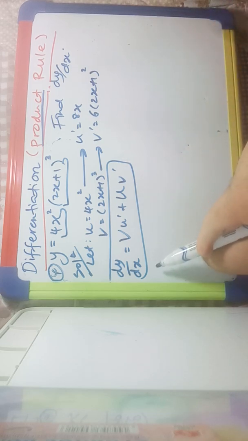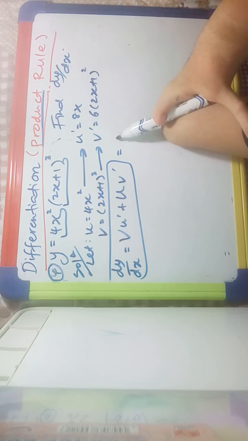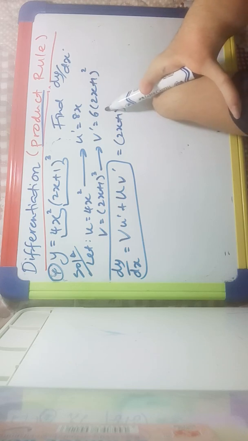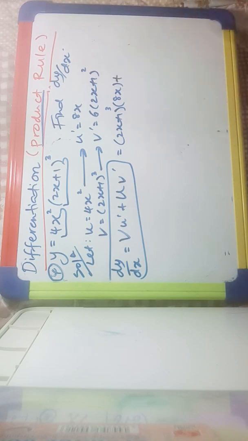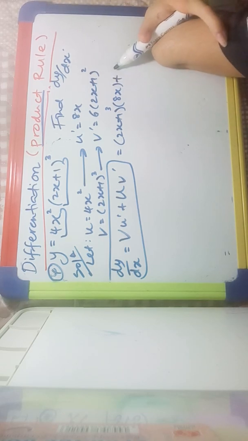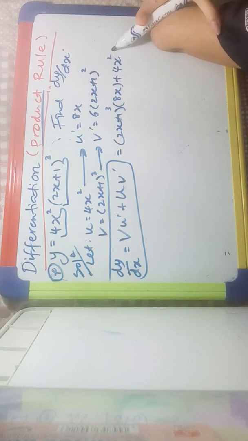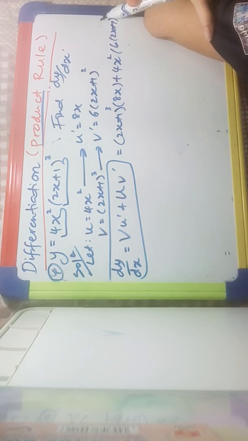So equal to, okay, what is v? 2x plus 1 the power of 3. What is du dx? 8x, plus u, 4x square. dv dx, 6 in bracket 2x plus 1 the power of 2.